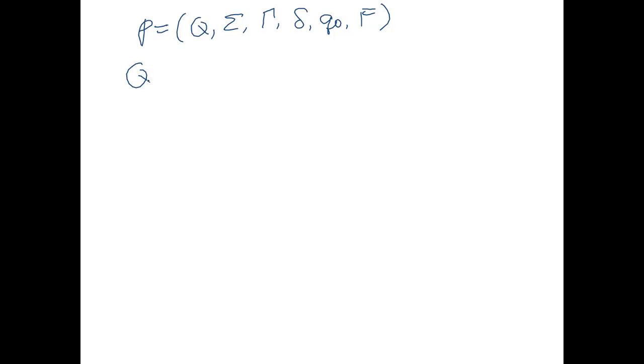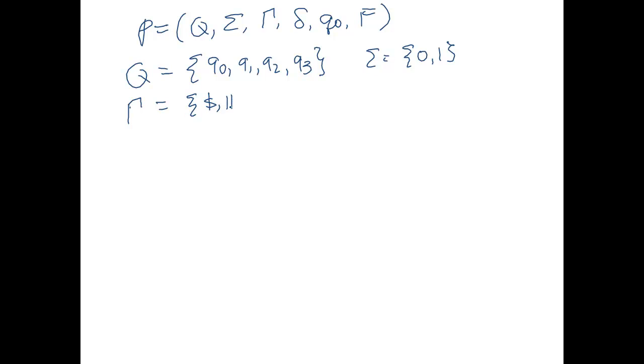Q is going to be the set of states: Q0, Q1, Q2, and Q3. Sigma, our input alphabet, was 0, 1. Our stack alphabet was, what was it? It was $ sign, pound sign. Okay, Q0 was our start state, that's already listed. F, our set of final states, was just Q3.